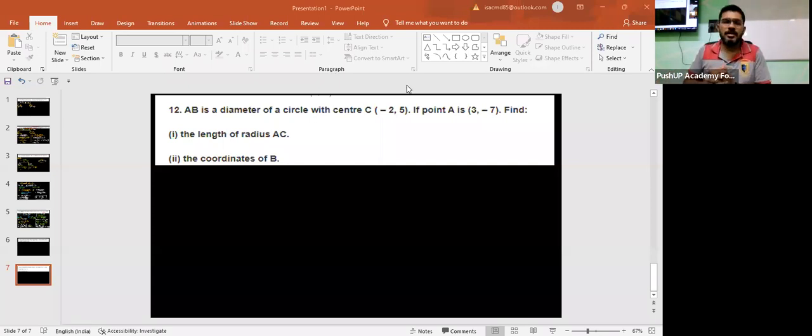The next question is on the screen. Can you please make a note of this question, children? Because I have to solve the previous sum for a few students. Just note it down.